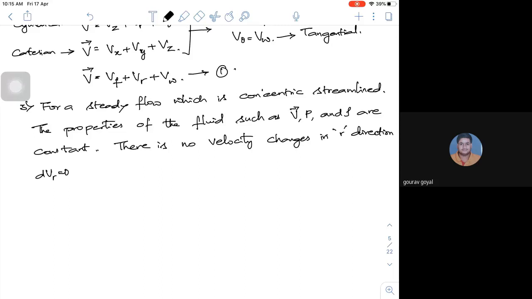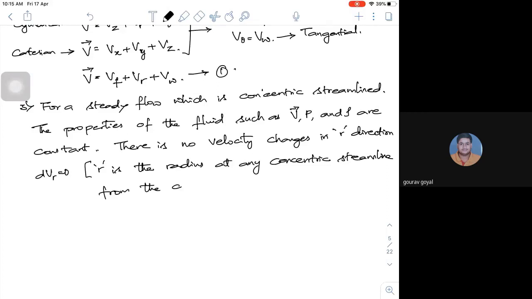Already we have defined, what is r? r is the radius at any concentric streamline from the axis. So here my axis is my reference.